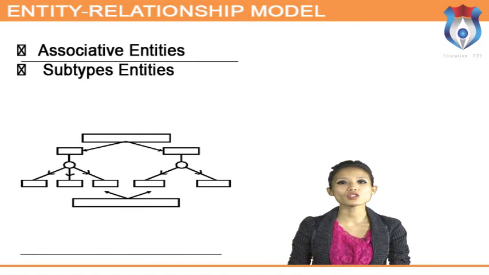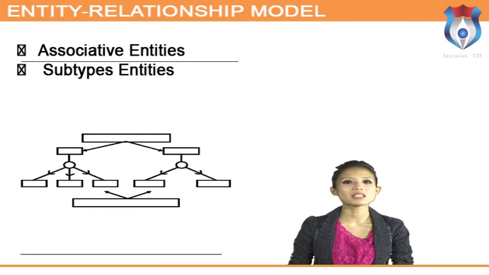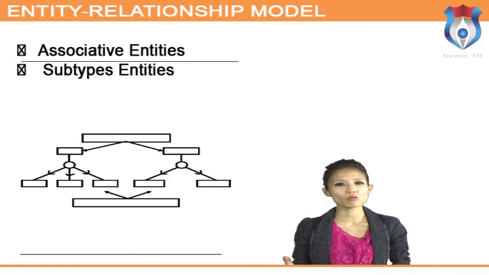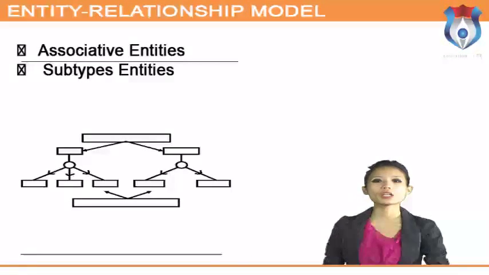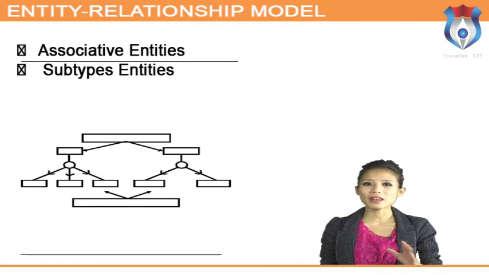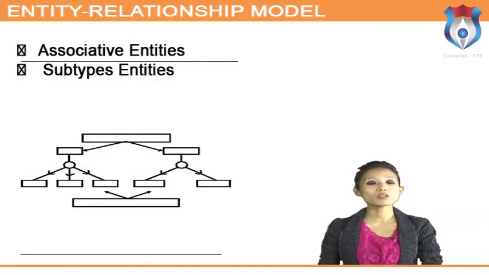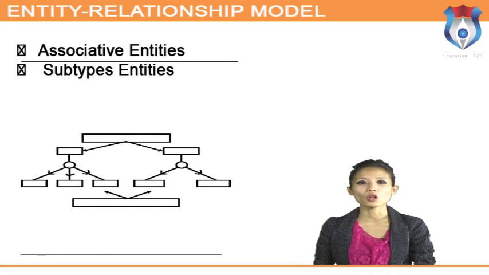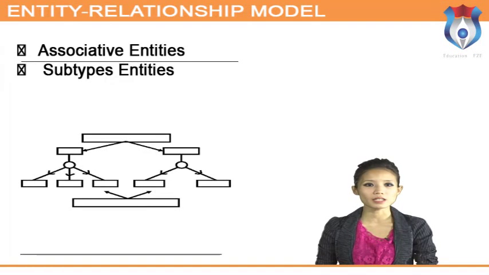The relational database model does not offer direct support for many-to-many relationships, even though such relationships happen frequently in normal usage. The solution to this problem is the creation of another table to hold the necessary information for this relationship. This new table is called an associative entity.